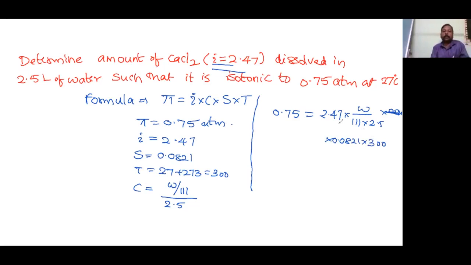On simplifying I am getting 3.42 grams. I hope this is the correct answer. You also will get the same answer.